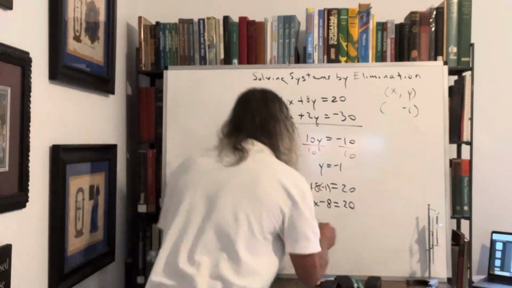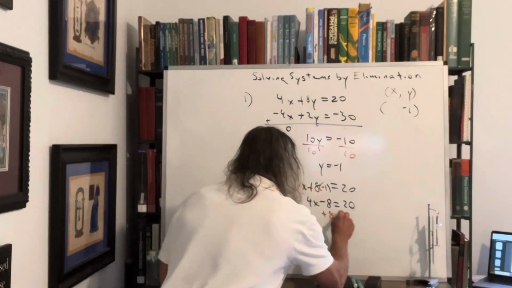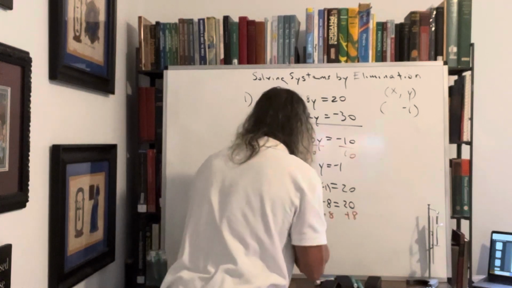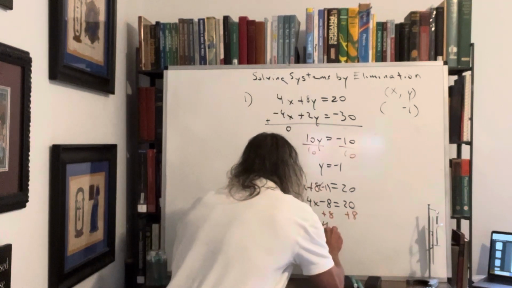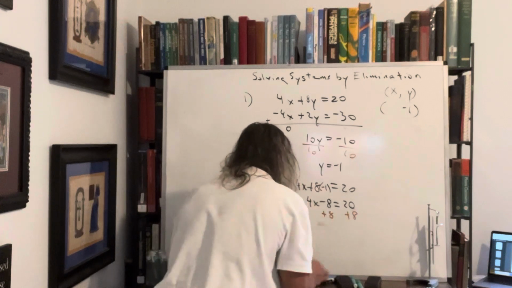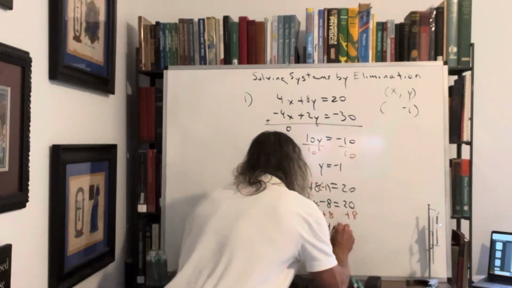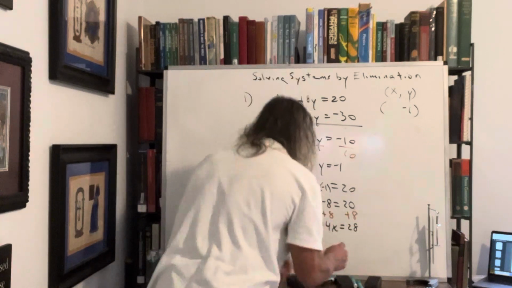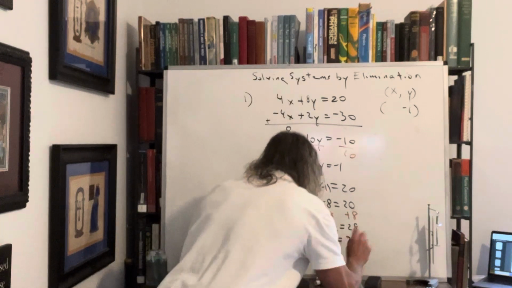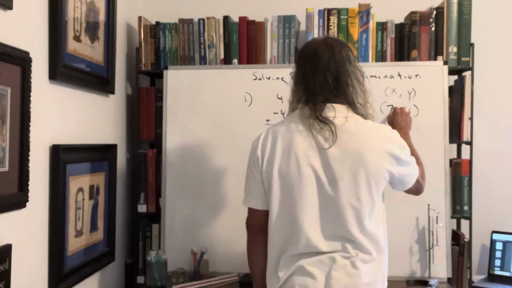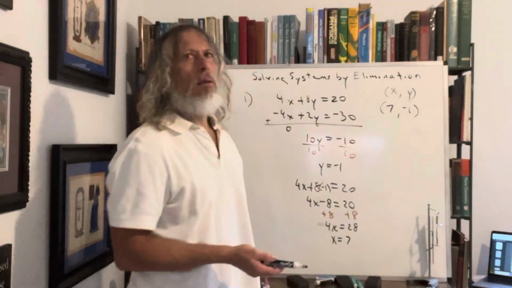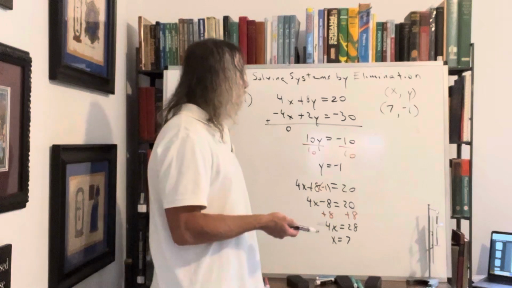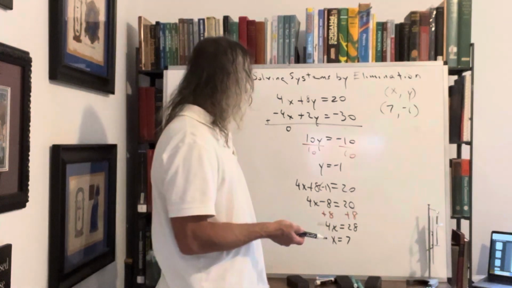Then add 8. Then divide by 4, x is 7. So 7, -1 is where these would meet.